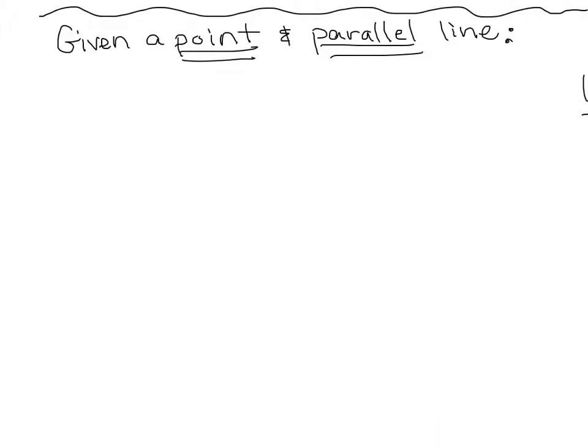So another scenario might be if you're given a point on the line and a parallel line. So what that means is like an equation of a line parallel to the one that we're trying to write the equation for. Let's look at an example.